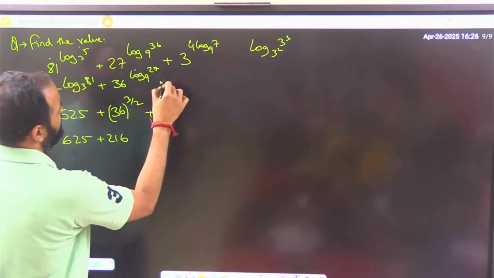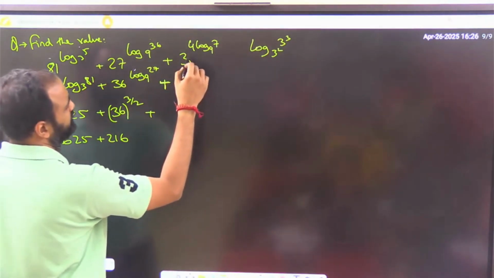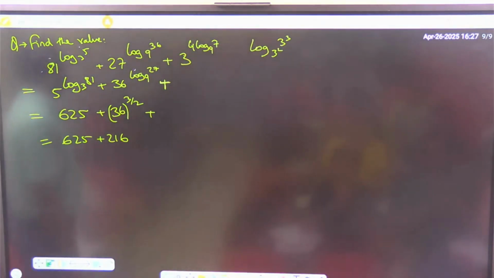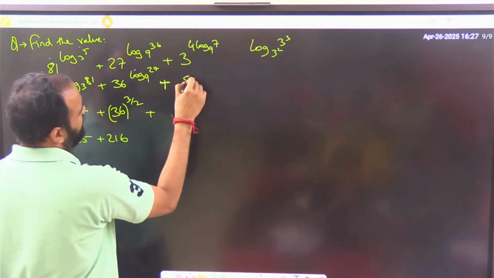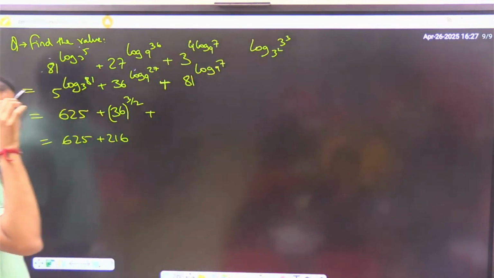What should we do with the next number? The 4 can be written as 7 to the power 2, well, we can just treat it in each way. How much is 3 to the power 4? 81. So can we write this number as 81 to the power log 7 to the base 9?